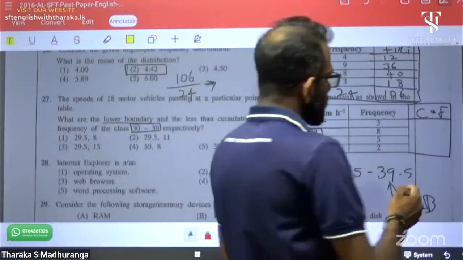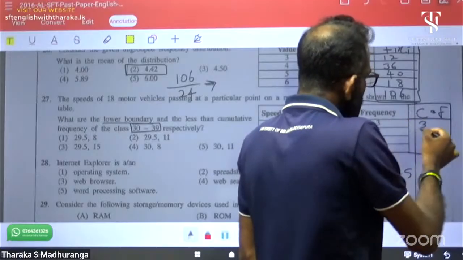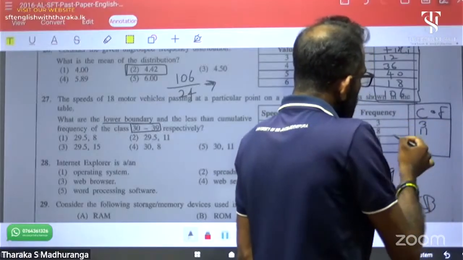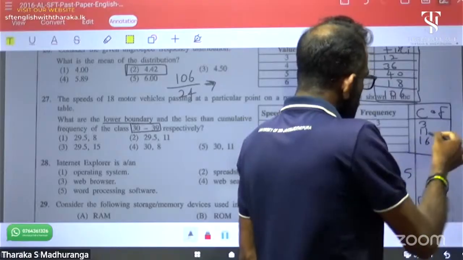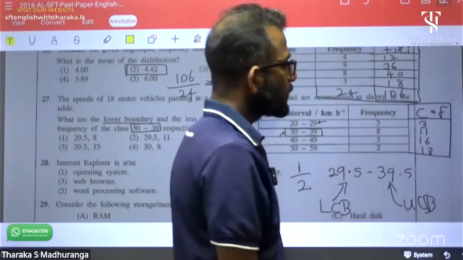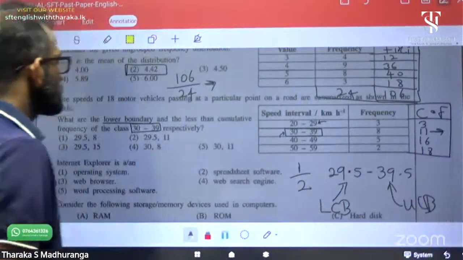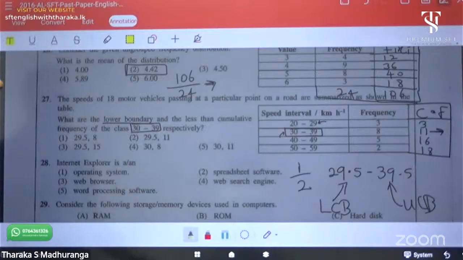Now, what is the less than cumulative frequency? 3 plus 8, 11. 11 plus 5, 16. 16 plus 2, 18. Then the second class cumulative frequency is 11. So the answer is number 2.